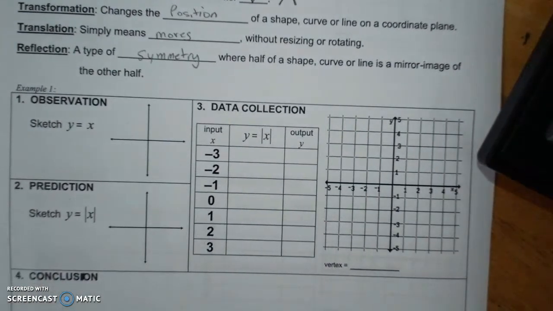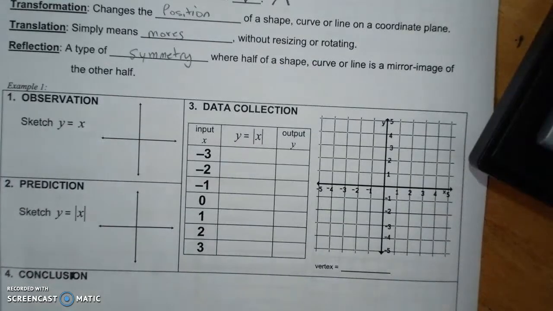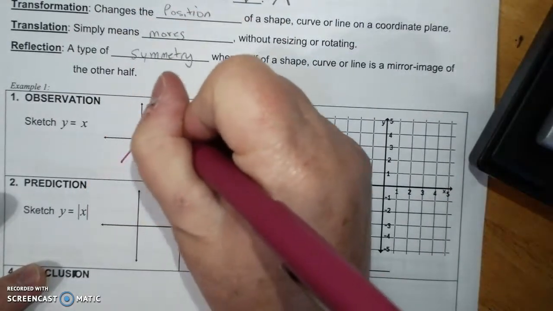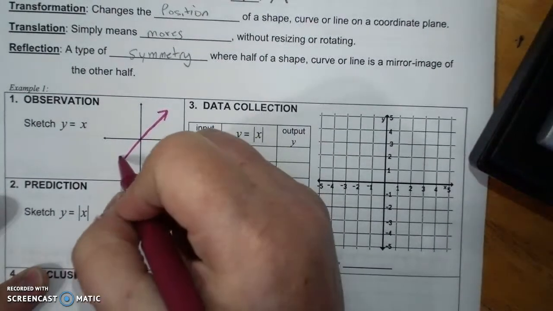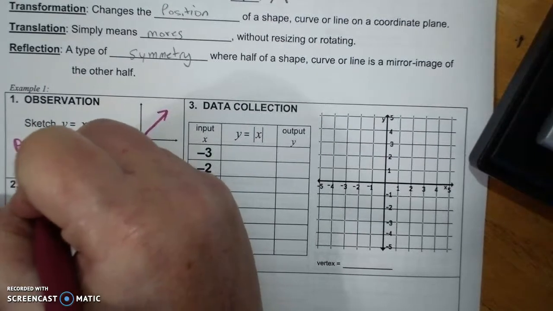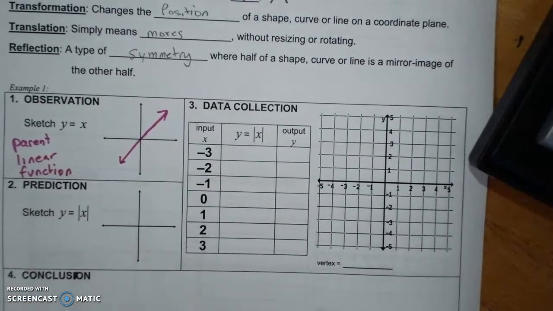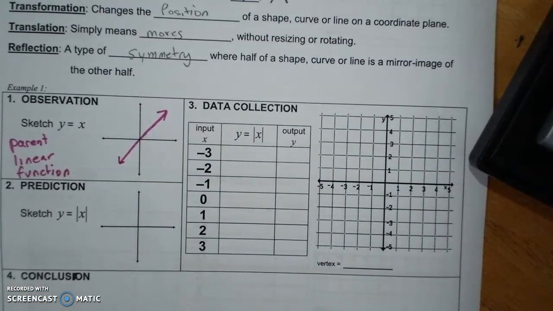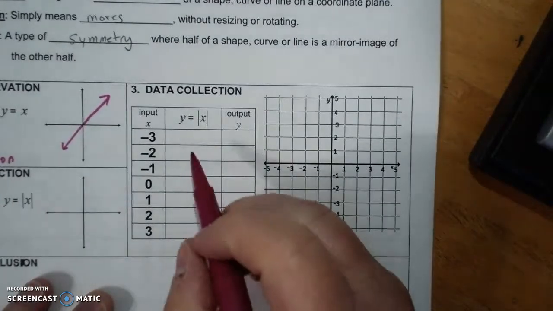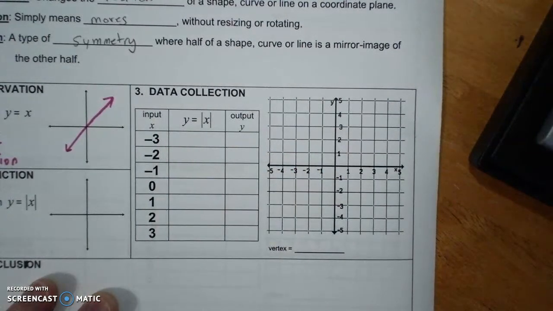Okay, so we are going to graph some things. When we graph y equals x, it is a positive graph and a line, and it is also known as the parent linear function, or linear parent function. Now we're going to graph the absolute value.